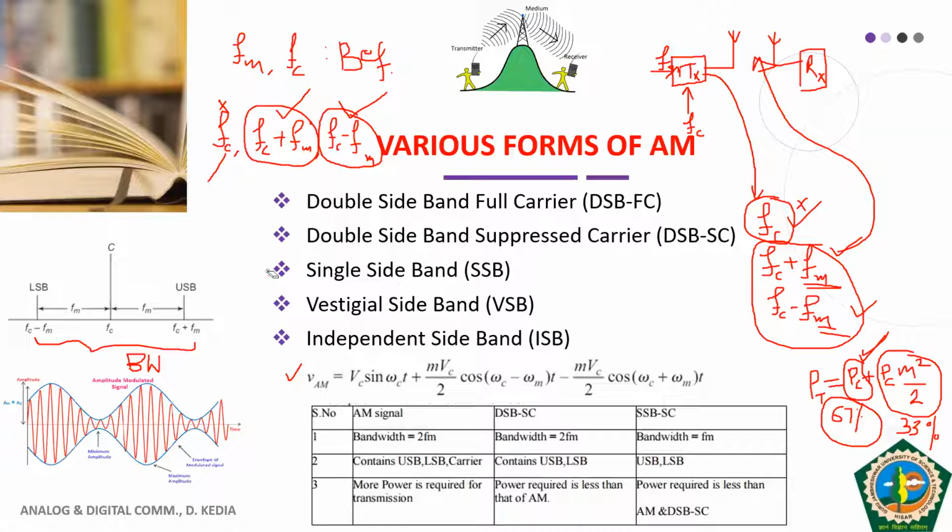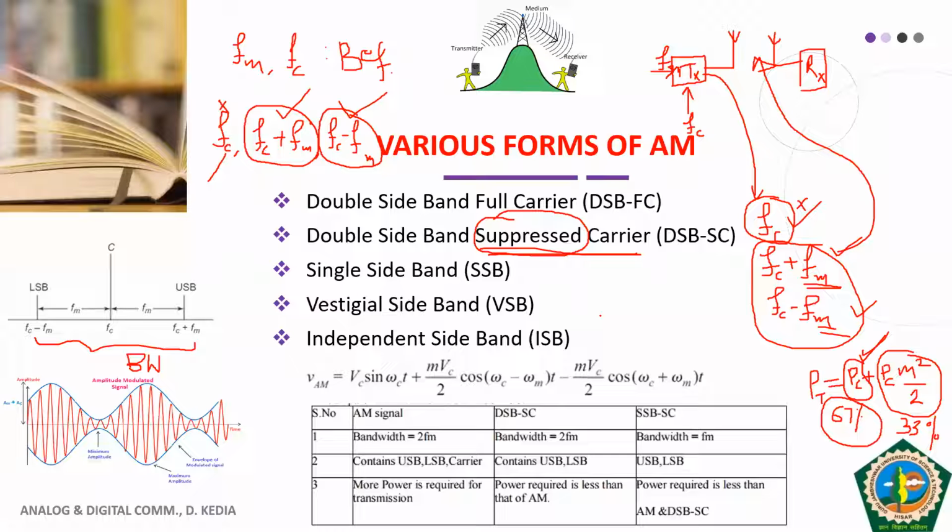The English meaning of suppressed is something which is reduced in its energy or in its amplitude. So this is not without carrier, this is suppressed carrier. You need to look into the word suppressed. I'm not removing the carrier fully.